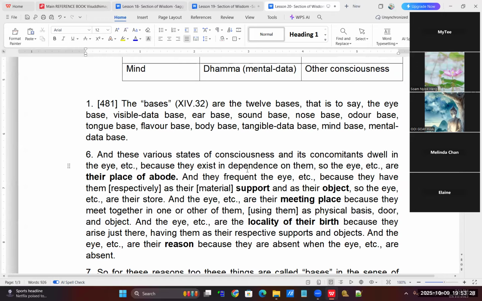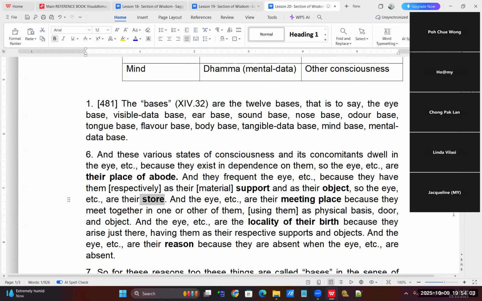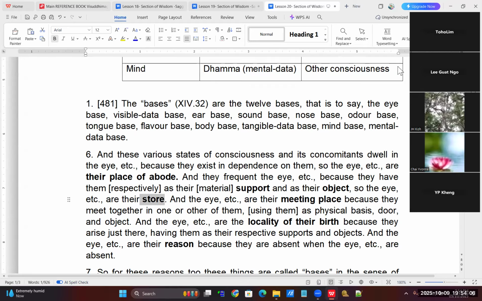So the eye, etc., are their store, and the eye, etc., are their meeting place because they meet together in one or other of them, using them as physical basis, door and object. And the eye, etc., are the locality of their birth because they arise just there, having them as their respective supports and objects. And the eye, etc., are the reason because they are absent when the eye, etc., are absent.